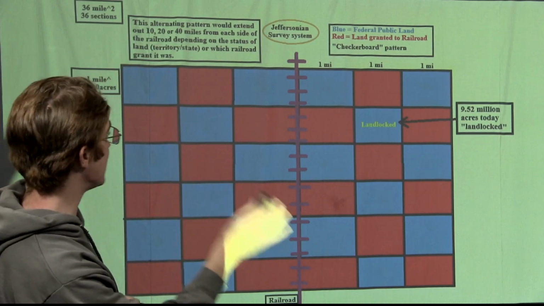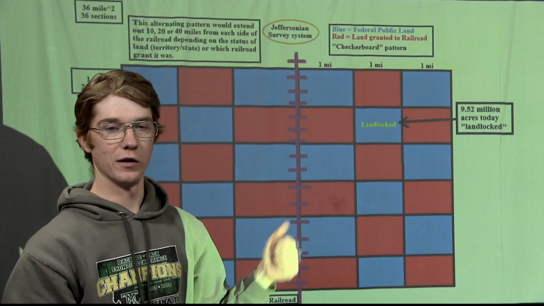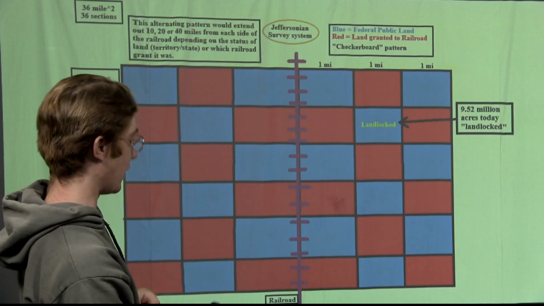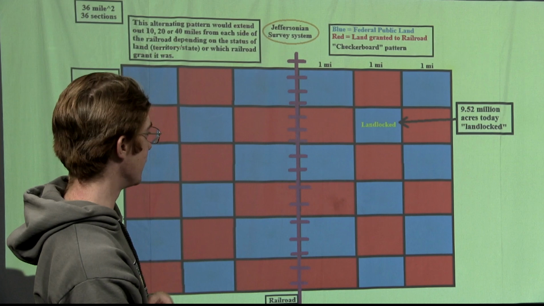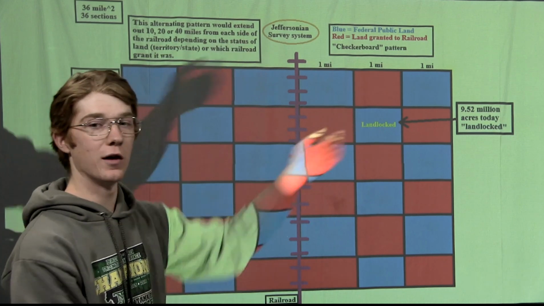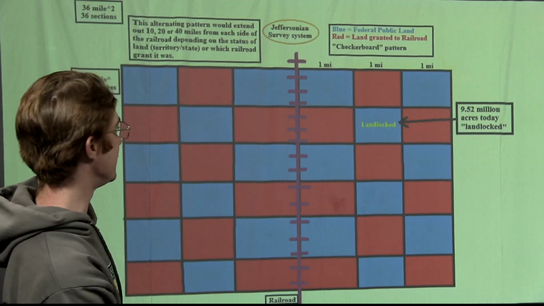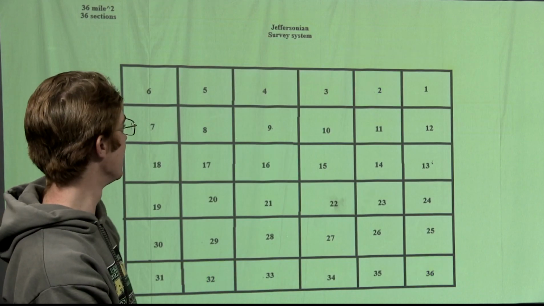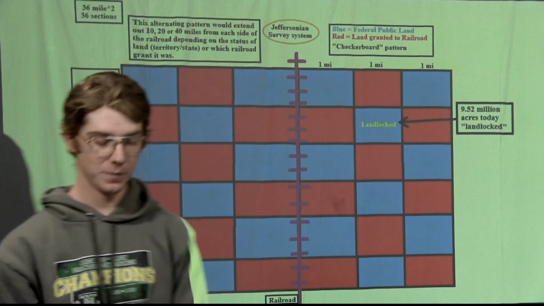So, as a major result of this checkerboard land distribution, you have landlocked public land. It would just continue on for 10, 20, 40 miles, where you'd have these landlocked sections.